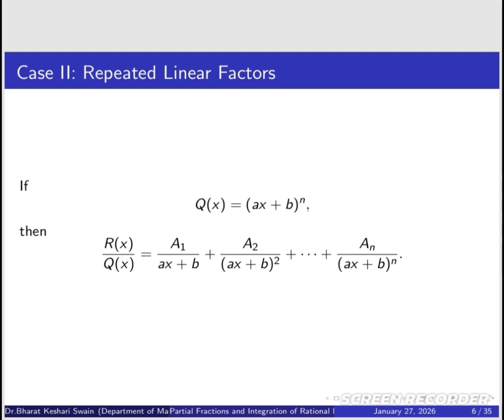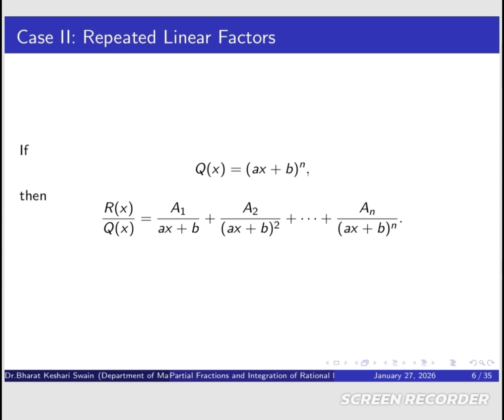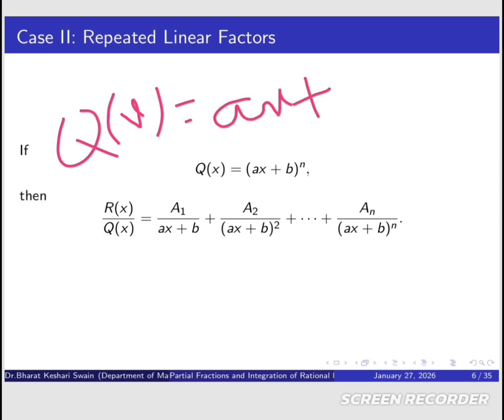Next is case 2. If repeated linear factors are there, suppose the denominator is having linear factors but repeated. That means here q of x is ax plus b into again ax plus b like this, and it has n factors, so it is repeated n times.